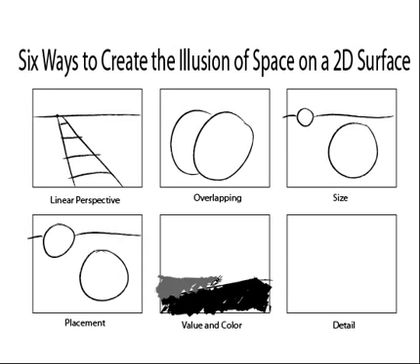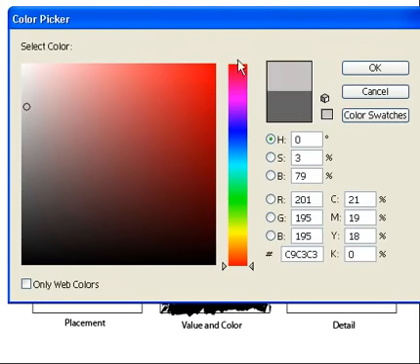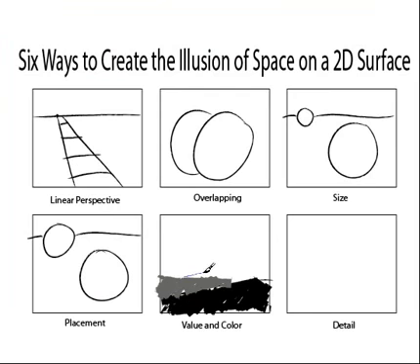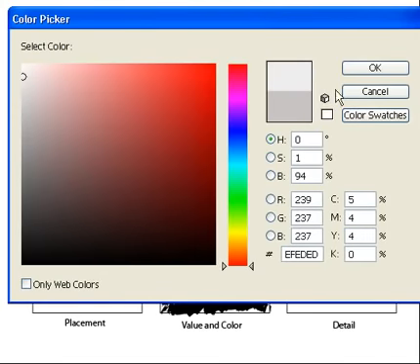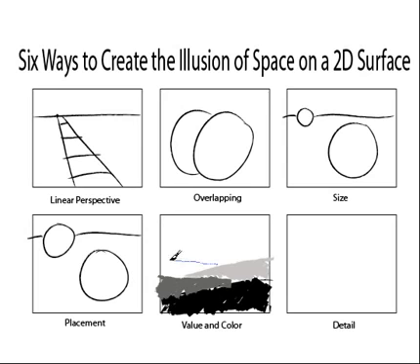And then let's say there's one beyond that. It may be even lighter in value. And then there may be one that's way off in the distance and it's a lot lighter in value. And that's a good way to illustrate how value and color can affect the illusion of space.